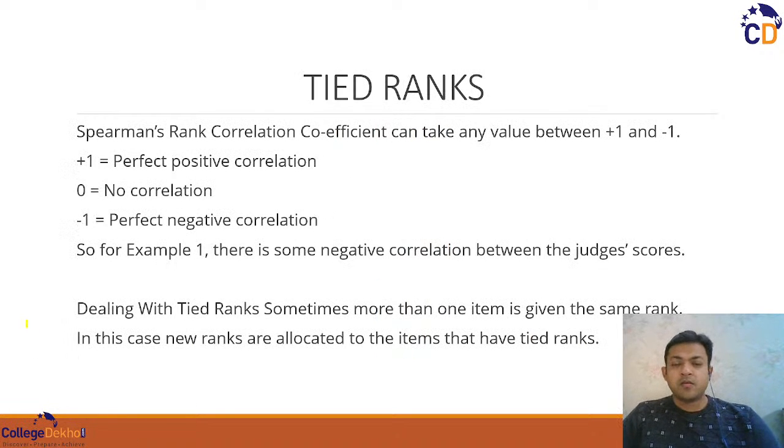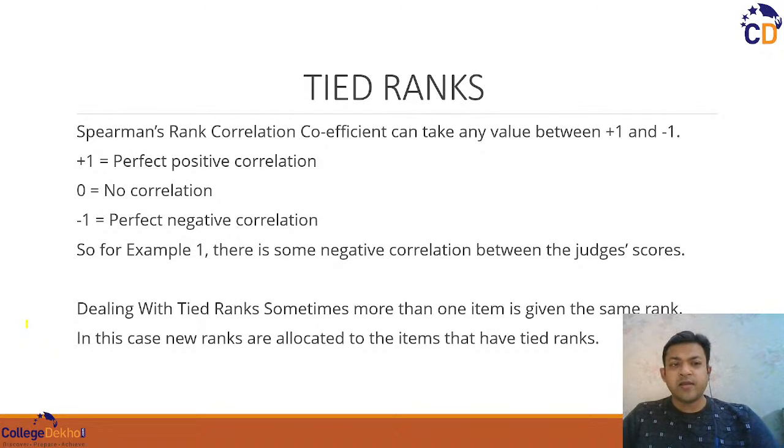Okay. So Spearman's rank correlation coefficient can take the following values. The values lie between -1 and +1. When we get a value of +1 for R, it indicates it's a case of perfect positive correlation. Means both the judges are totally agreeing with each other.